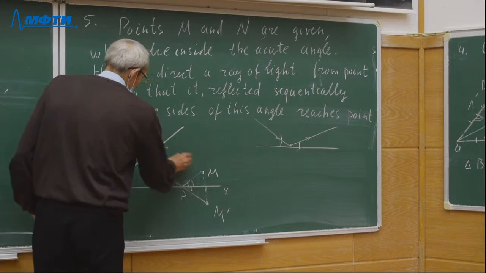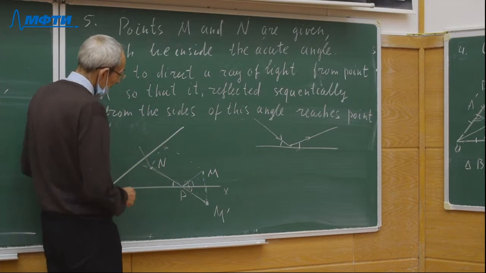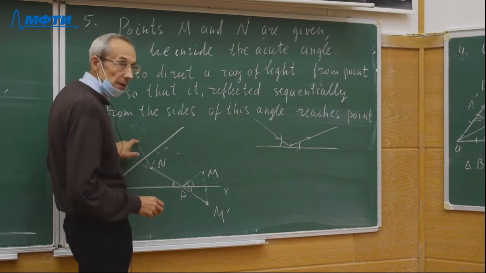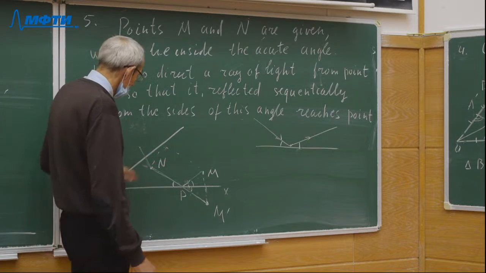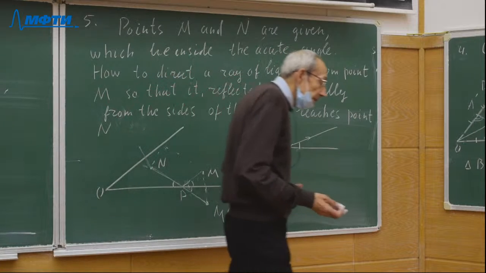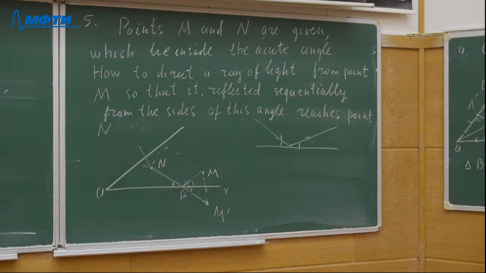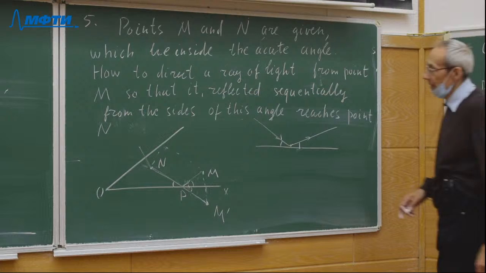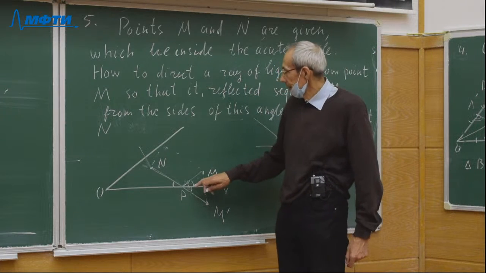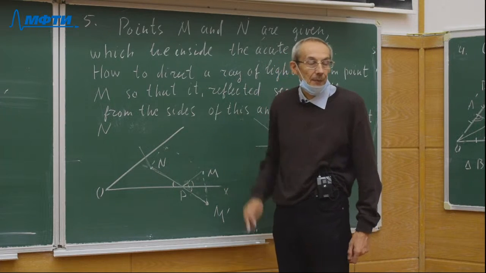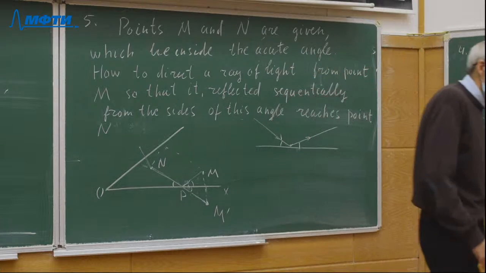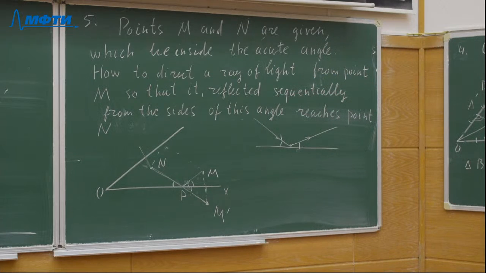And we can also reflect on the other side, and we can also find this point. But we have a harder question. The ray must reflect off both sides. Let's try to solve this more complex problem.